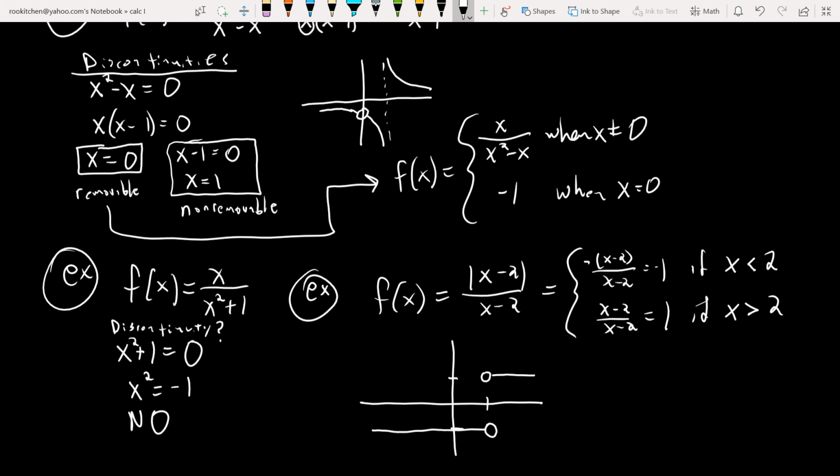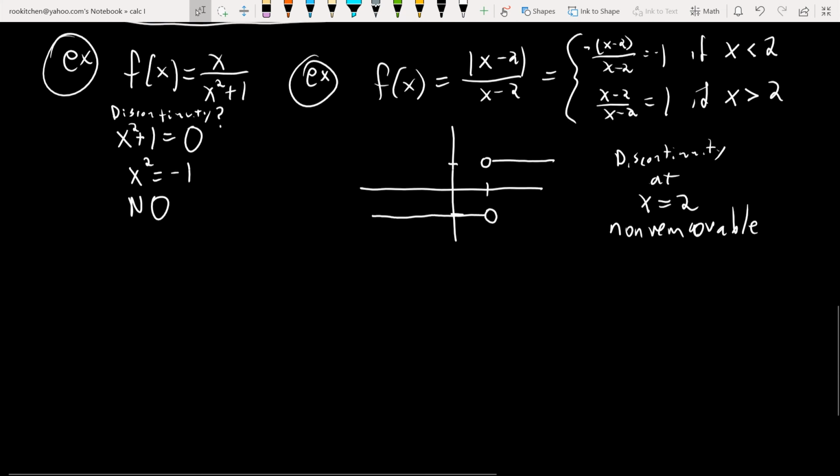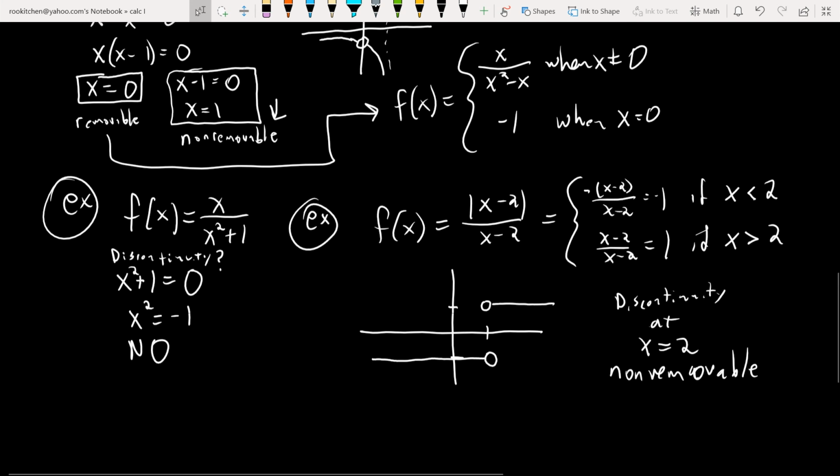Okay, so we have a hardcore discontinuity at x equals 2, and it's non-removable. There's just no way to redefine it in order to fix the problem. Okay. If you have any asymptote, that will be a non-removable discontinuity as well, which I had up here. So the x minus 1 equals 0, that is non-removable.